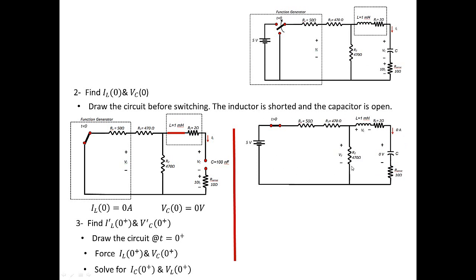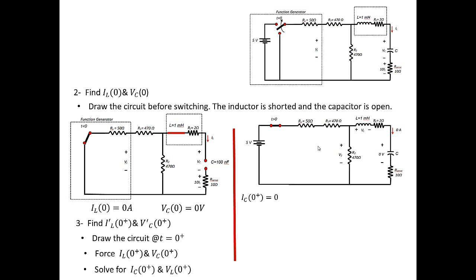So clearly we know that IC at 0 plus is going to be 0, because the inductor's current is continuous, and that inductor current is 0. That means IC is 0. So we can say that IC at 0 plus equals 0 amp, and this is given to us.